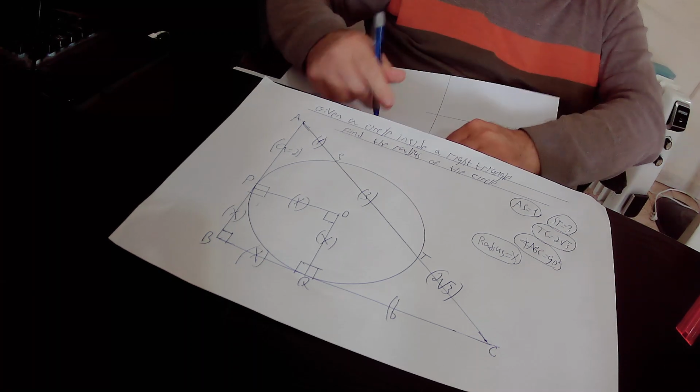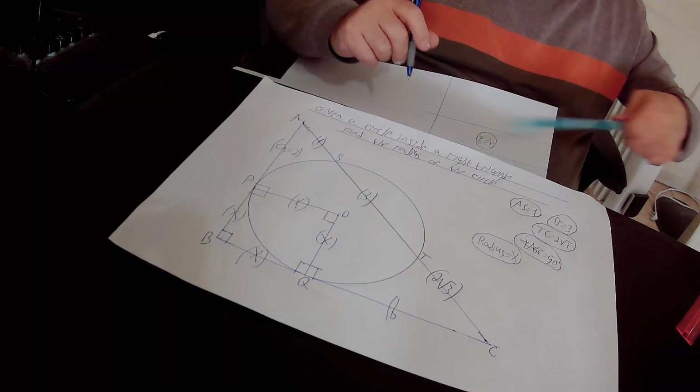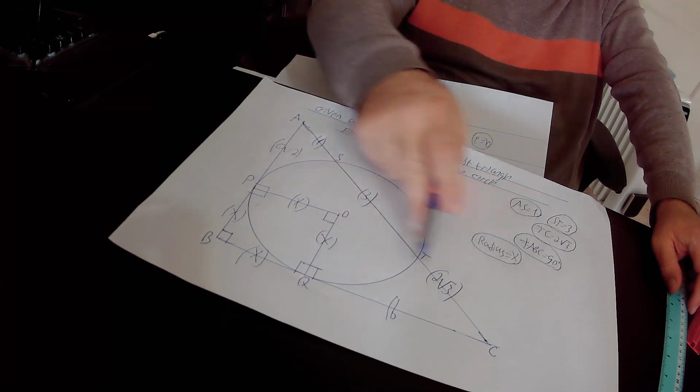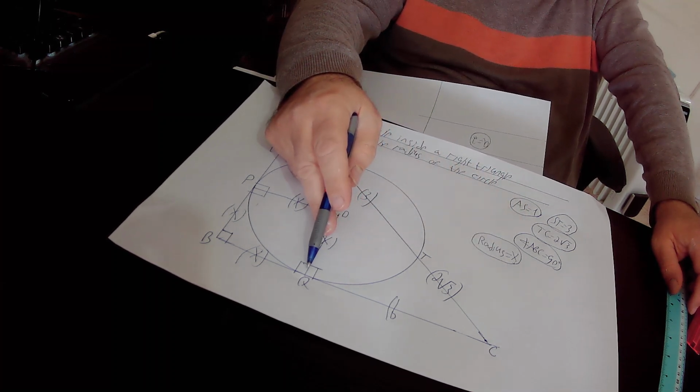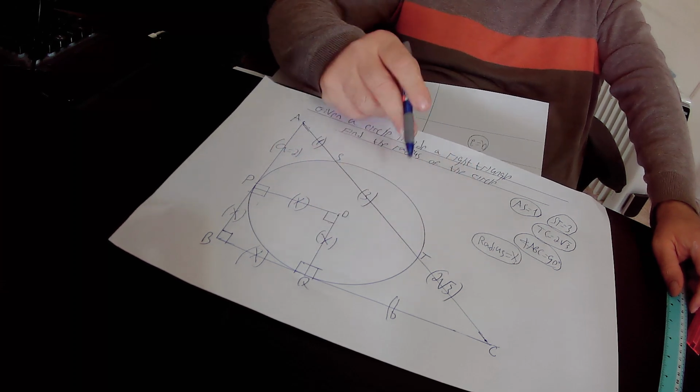From the point C, we have tangent CQ. Tangent CQ is tangent to this circle at point Q. Point Q is the point of tangency of tangent CQ with this circle.